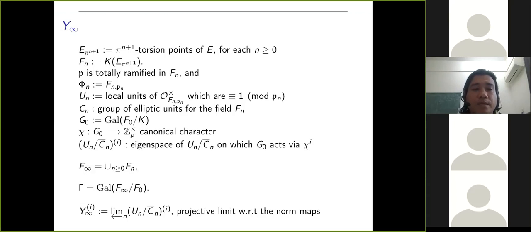In fact, one of P and P bar is totally ramified in Fn, and I'm writing P for the one which is totally ramified in Fn. And phi n denotes the completion of Fn at Pn. Un are the local units which are congruent to 1 mod Pn. And again, I'm taking the units for the field Fn.